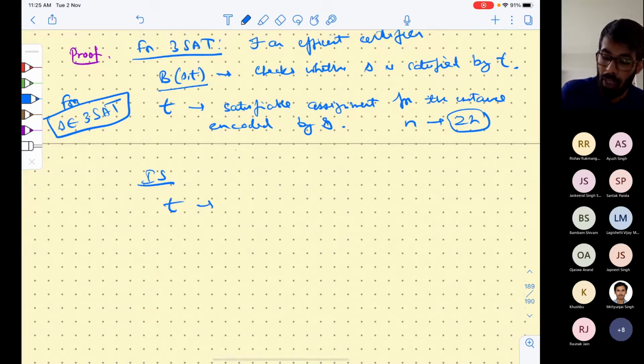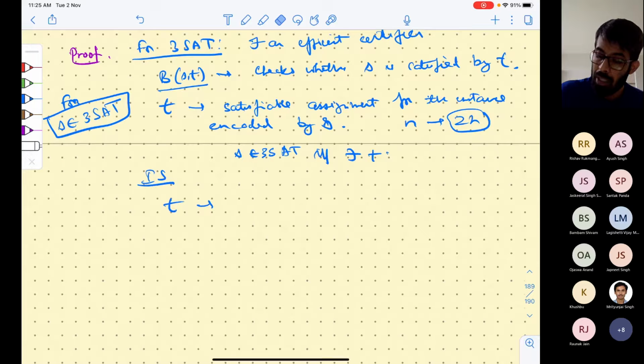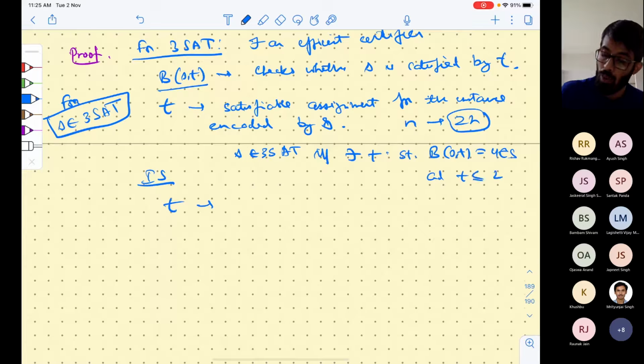That S belongs to X, for 3SAT, if and only if there exists T such that B of S comma T is equal to yes, and the size of T is less than or equal to poly, some linear order.